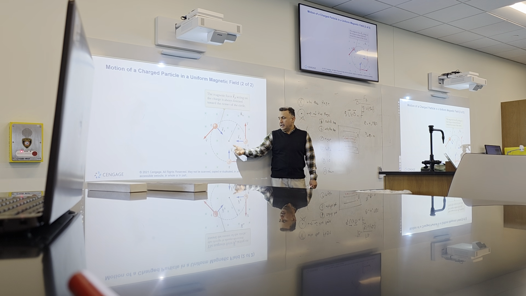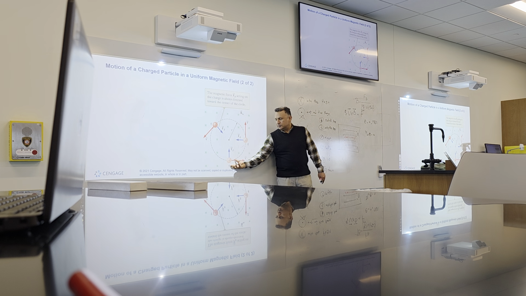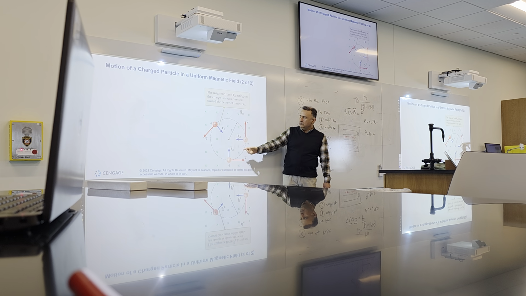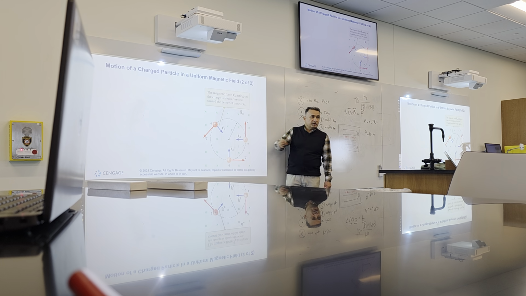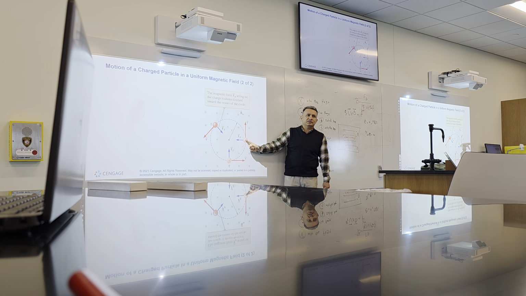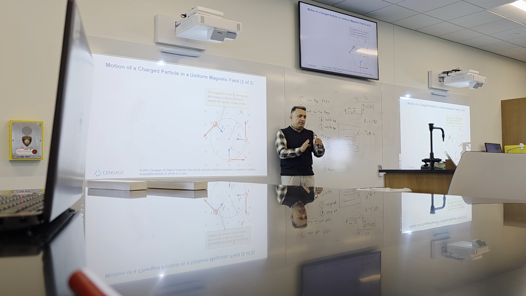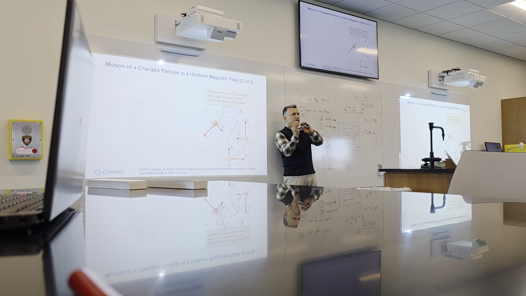So instead of going in this direction, it's going to be diverted a little higher. But when it moves to a point a little higher, that's the trick about the force. It always changes. It doesn't stay in only one direction, because the velocity changes, the force changes, and so on.